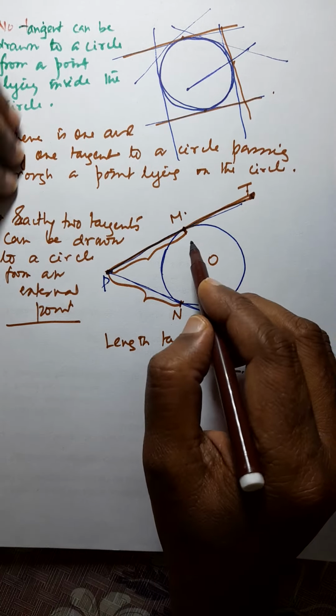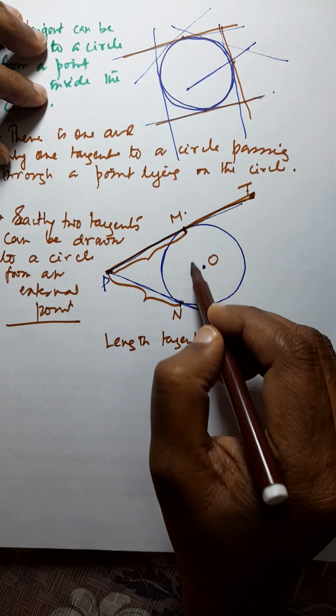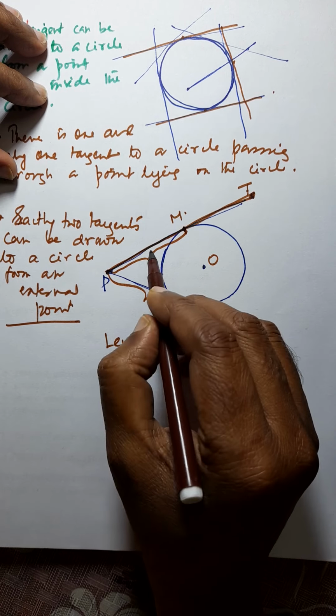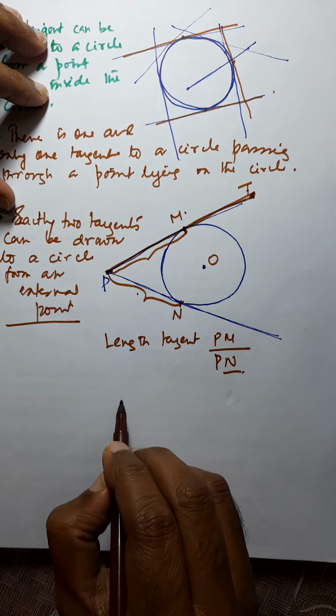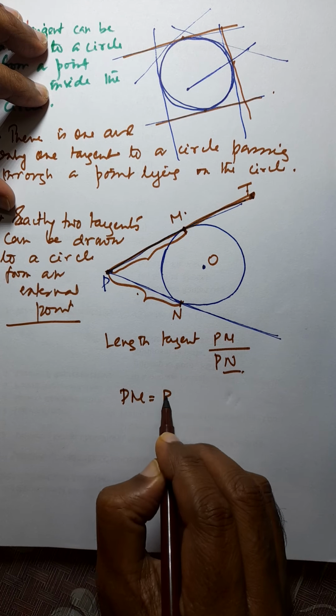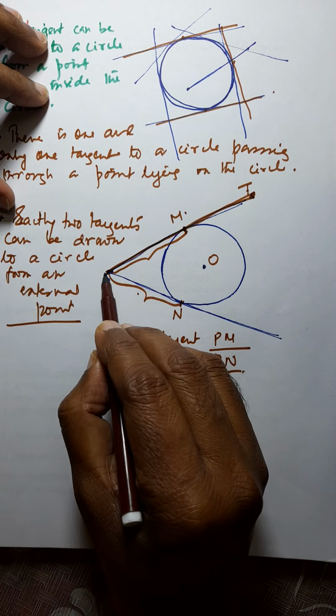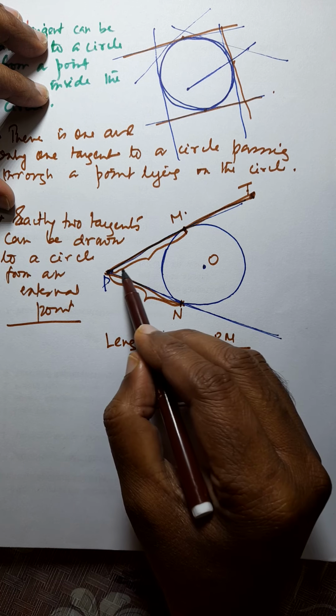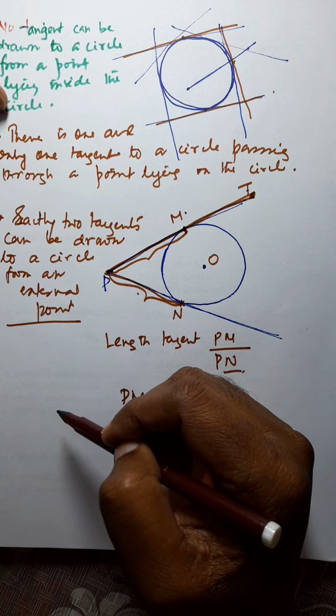Now, there is a characteristic between these two tangents. Both the tangents are equal. PM is equal to PN. From an external point, the length of the tangents are equal. Okay.